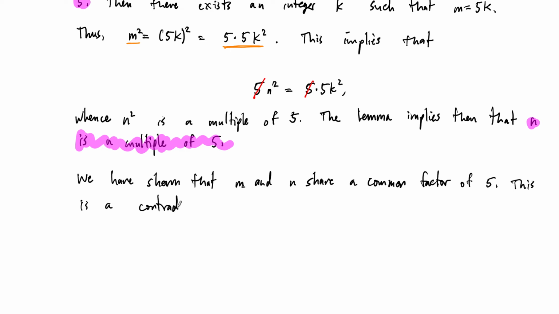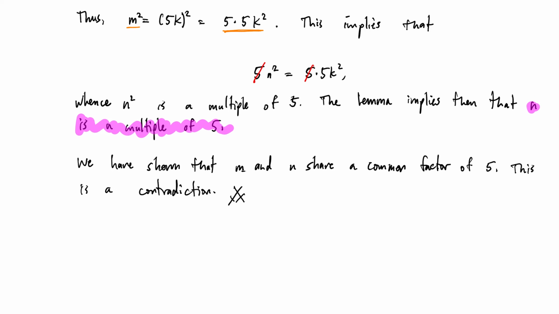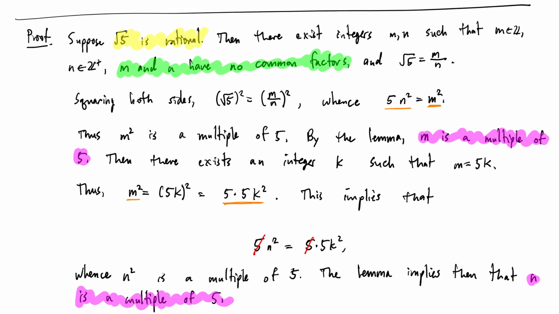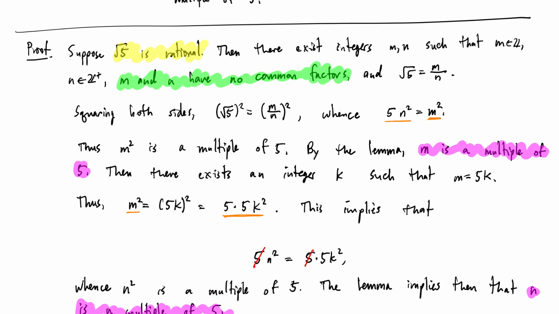And this is the whole key to the proof right here. This is the contradiction. This symbol right here looks kind of like a bunch of roads crossing, some kind of crash happening or something. This symbol right here indicates contradiction. So there we go. We see where the contradiction is. And because we've reached a contradiction, what do we conclude then? Well, we conclude that our original assumption must be false.